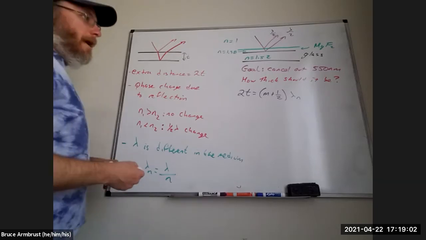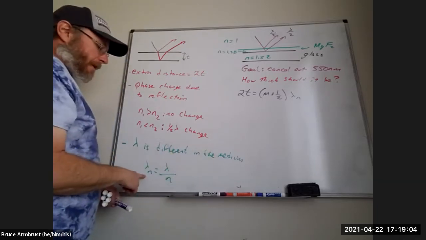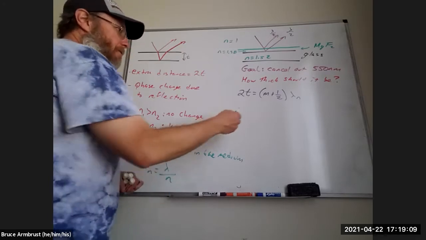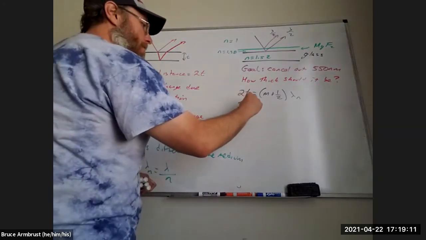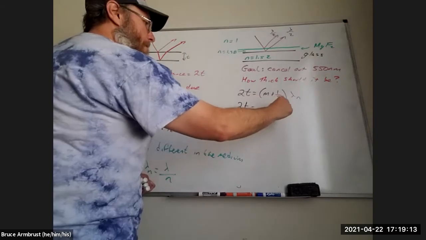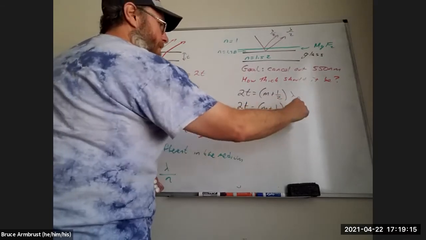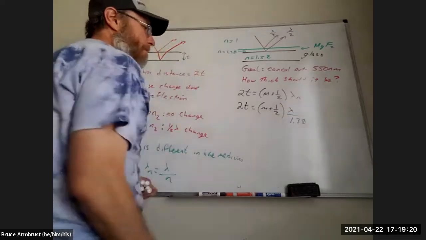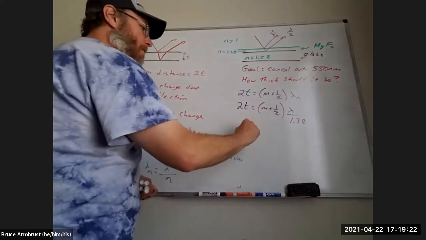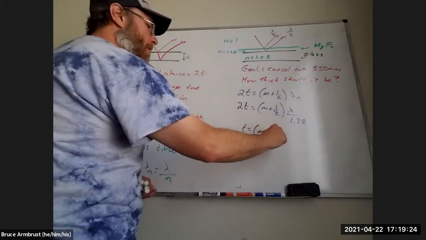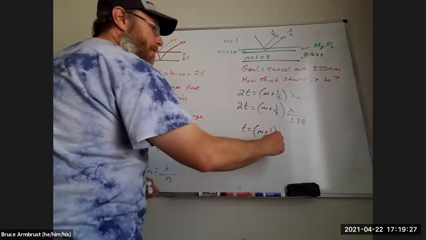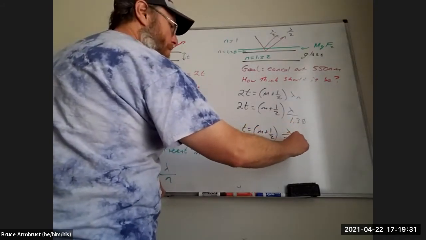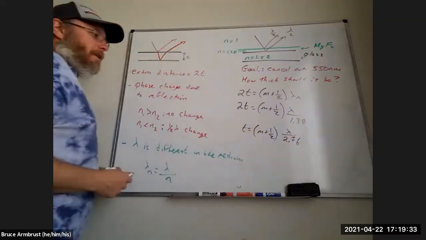Okay, so let's put in our lambda n. Let's change that to the original lambda over n. So we get 2t equals m plus 1/2 times lambda over 1.38. So our thickness is going to be m plus 1/2 times lambda over 2.76.